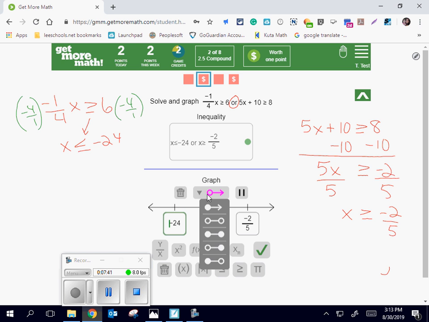So I want the arrow this time because I want it to go out and I want it equal. That's why I have the solid dot. So there's x is less than or equal to negative 24, and then on the other side I want greater than or equal to negative 2/5. So again, that solid arrow pointing outwards. So whenever it's or, you're going to have the two arrows sticking out to either side.